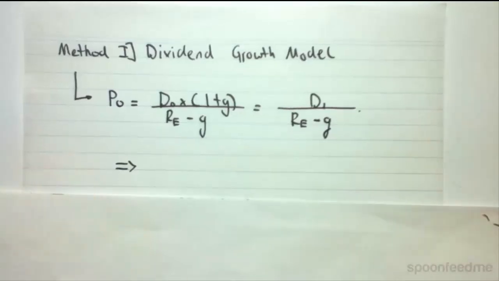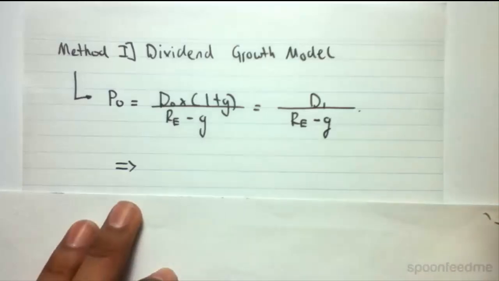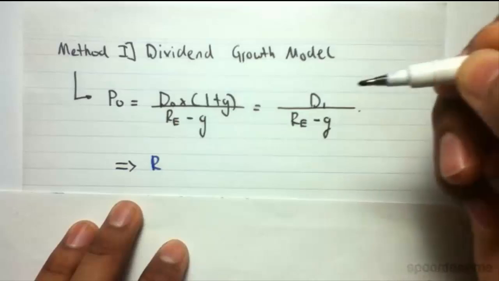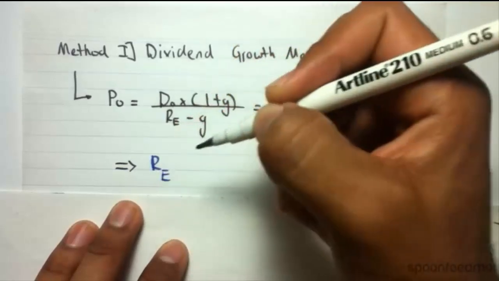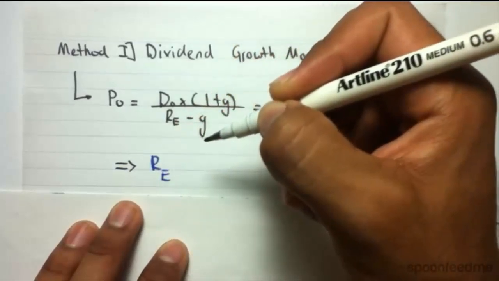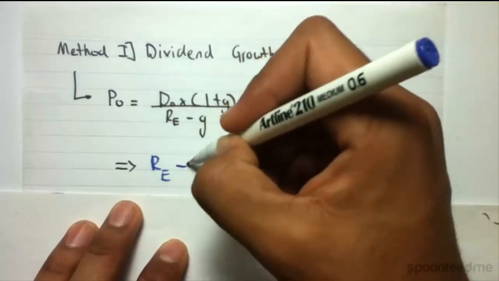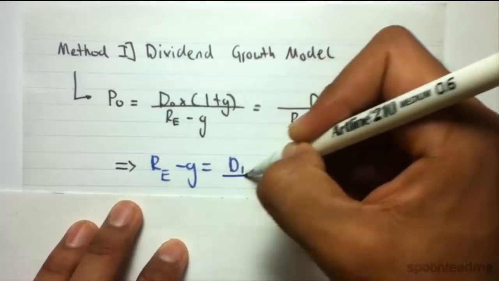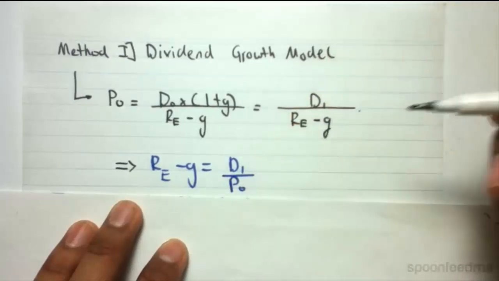And so, making RE the subject, I can say that RE minus G is equal to D1 divided by P0.